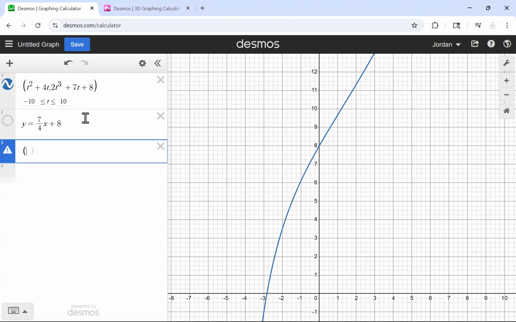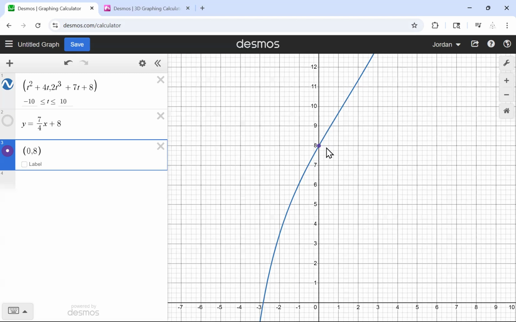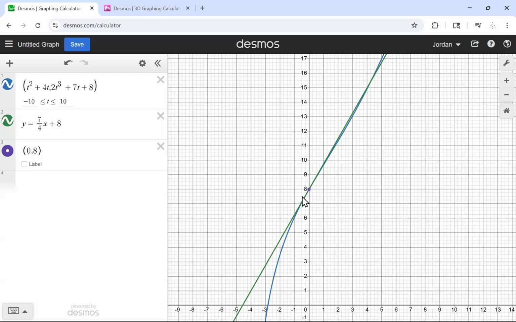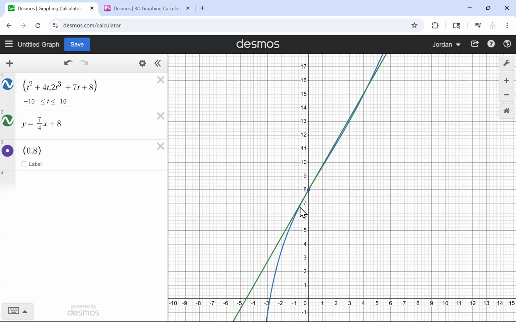Let me just highlight that point. And so what we're saying is that the first derivative, remember first derivative indicates slope of the tangent line, is 7/4, which means that the instantaneous rate of change at that point is 7/4. By the way, if I graph the actual tangent line, it's going to have slope 7/4 and go through the point (0, 8). So you can see that we do in fact get the right slope.